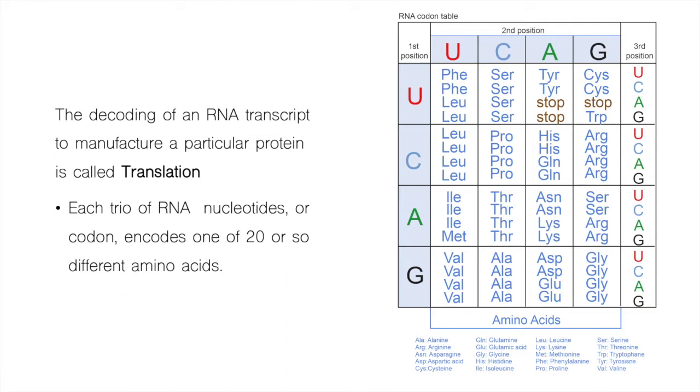And it's very important here to recall again that the DNA, which is the original molecule, has only four nucleotides: thymine, cytosine, adenine, and guanine. The RNA has four as well, but instead of T, it has U: uracil, cytosine, adenine, and guanine.